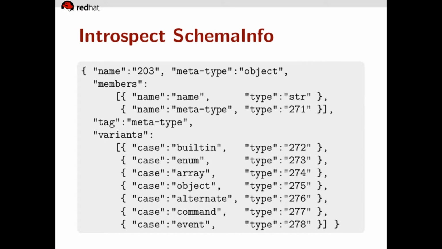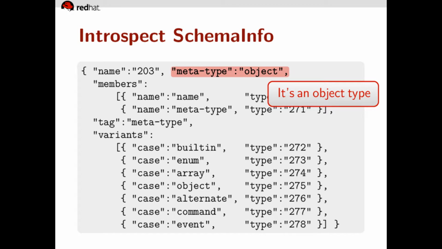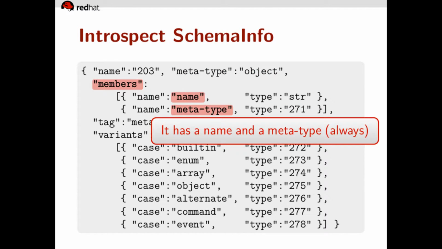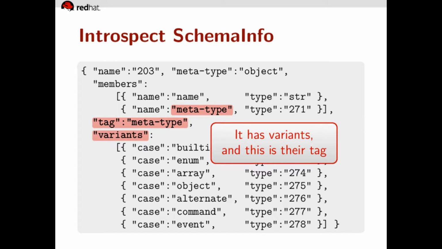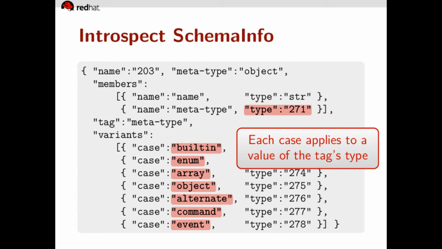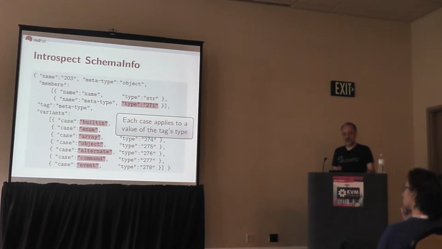Let's introspect SchemaInfo. Read it real slow. It's an object type. It has a name and a meta-type. It has variants, and meta-type is the type tag for them. It has a bunch of variant cases, and each case applies to a value of the tag type.